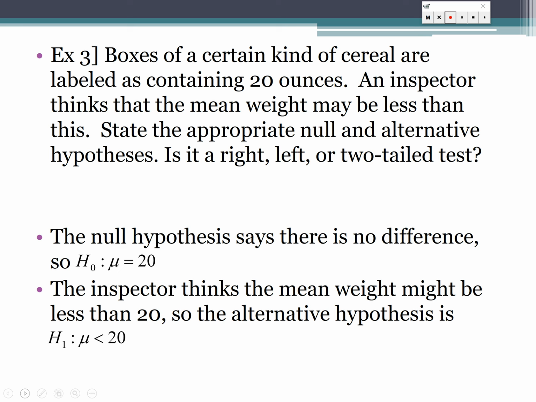Example 3, you have some boxes of cereal labeled containing 20 ounces. The inspector thinks the mean weight might actually be less. Again, at the very least, I'm hoping we have the symbols for each hypothesis. We're looking at the mean, so we're going to use mu.